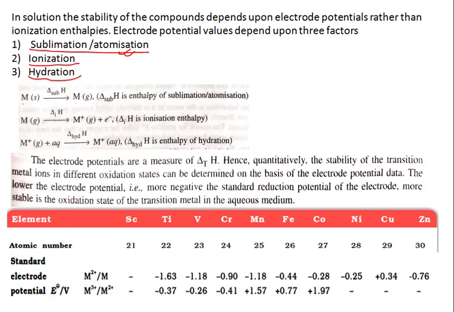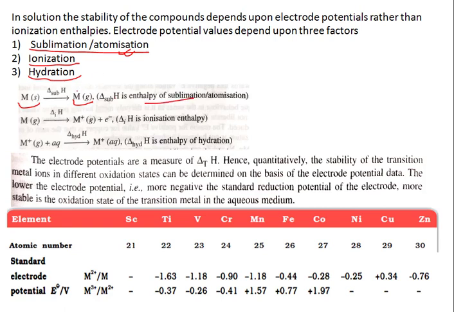As we know that metals exist in solid state, and in order to provide ionization enthalpy, we have to first of all convert them to isolated gaseous atoms, that same metal in gaseous state. So when the metal atoms are separated into individual atoms, whatever energy is provided at that moment is called sublimation enthalpy or enthalpy of atomization.